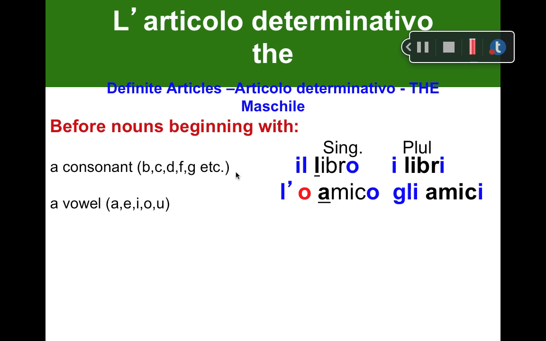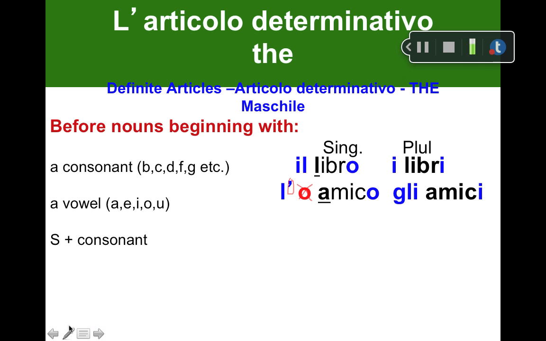I'm pointing out that the article is actually lo because that will help you with the plural. But because here there are two vowels, the first one goes away and then I have an apostrophe. L'amico, gli amici. It's very important to visualize that it is actually lo, so that when you transform it into the plural, you know that the article is gli.